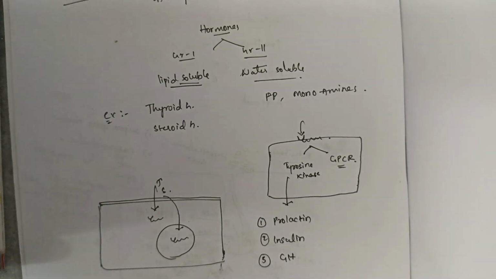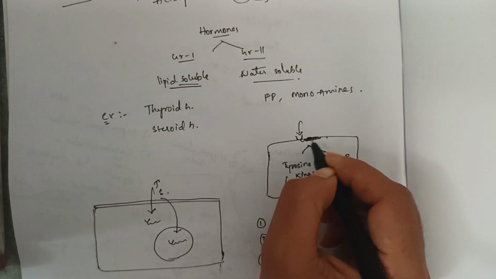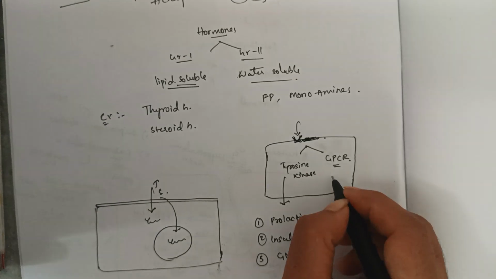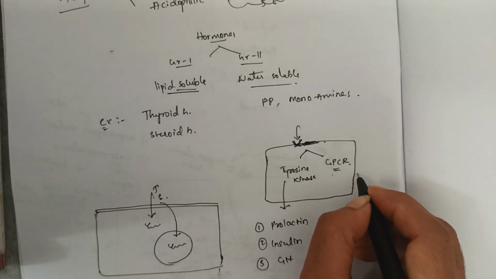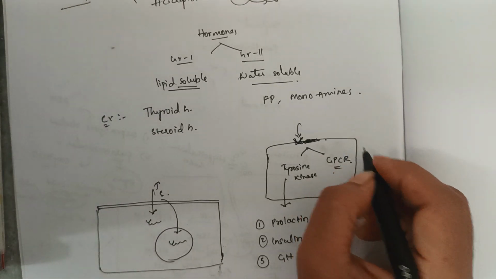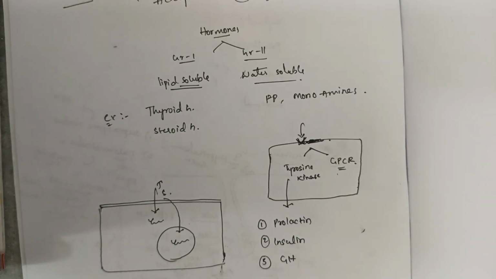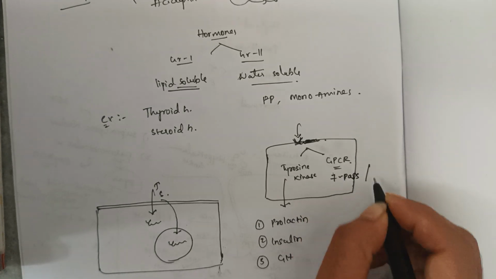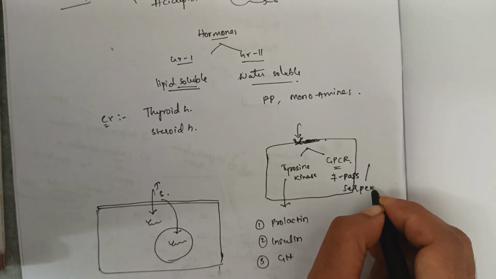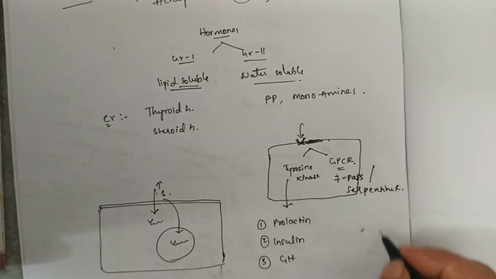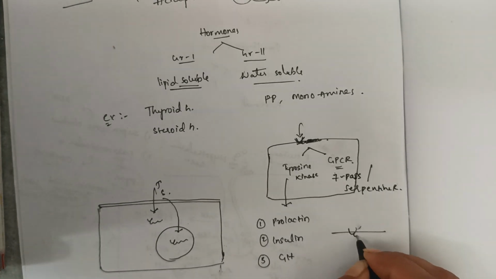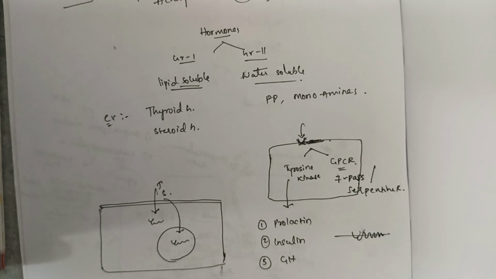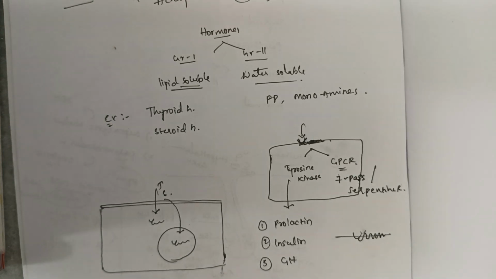GPCR receptor will be like this. You know that. GPCR receptor is also known as 7 pass receptor or serpentine receptor. Why? Because it has 7 wave-like forms, same like a snake.